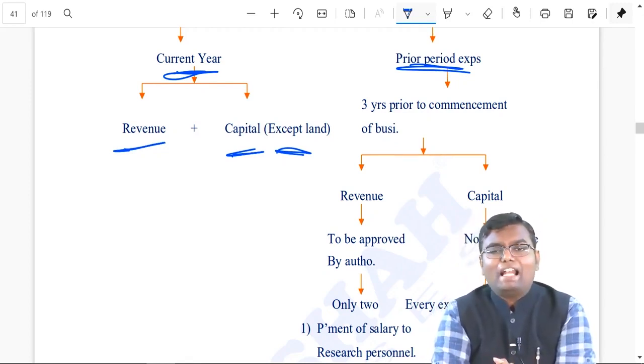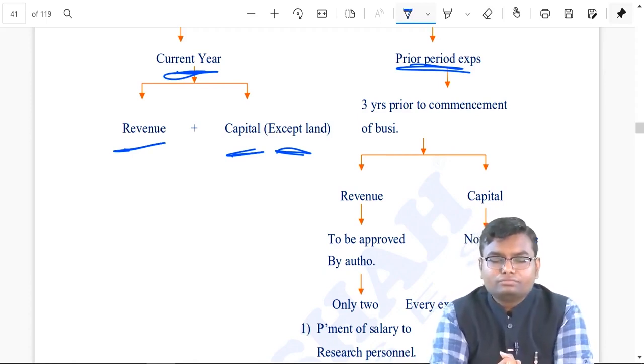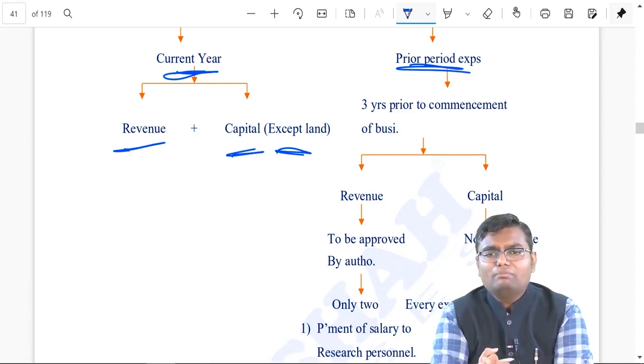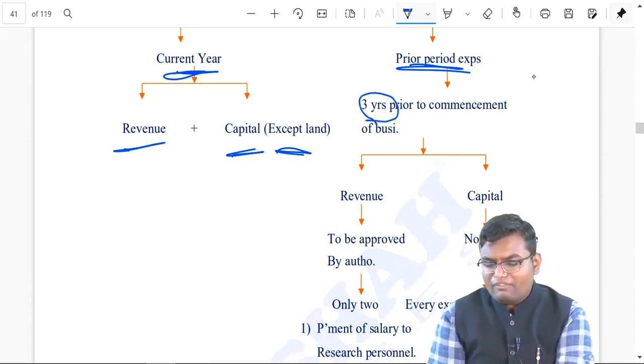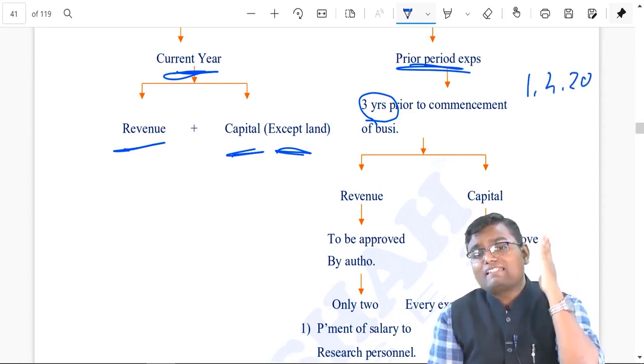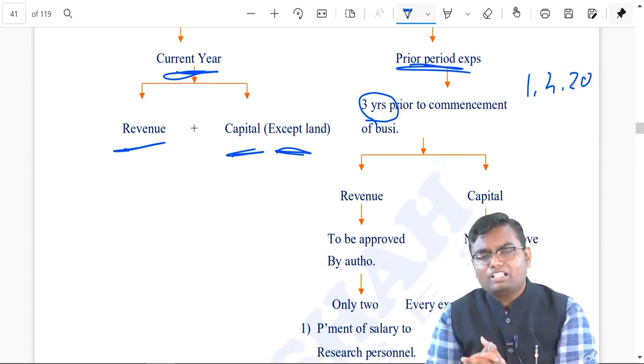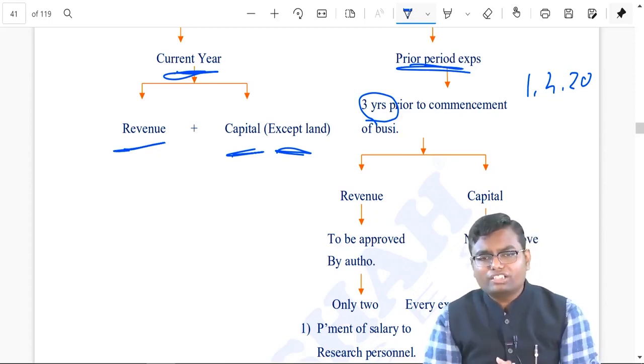But if you have any prior period expense before starting the business, preliminary expense, then whatever expenditure you have done, maximum up to 3 years prior to the starting of the business. Means if I have started the business on 1st April 20, then any expenditure from 1st April 17 to 31st March 20 will be allowed as a deduction.